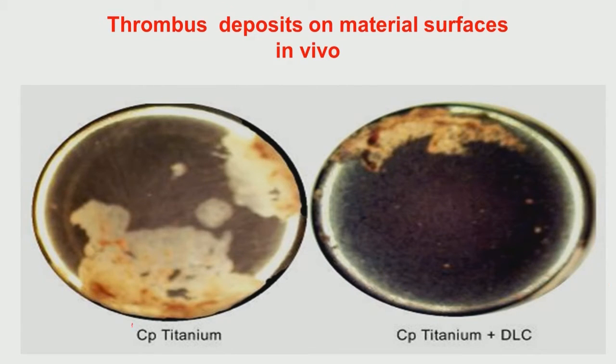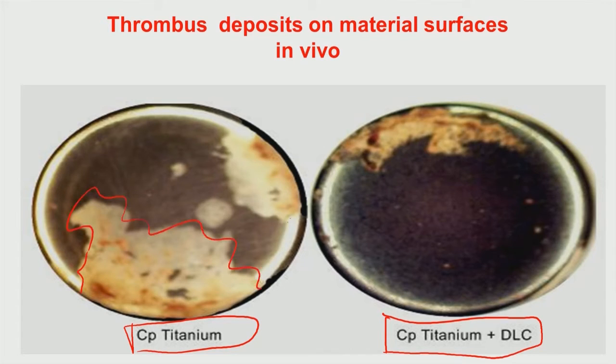There are two materials which are used or are of potential use in heart valve applications. One is commercially pure titanium, CP stands for commercially pure, and the other is diamond like carbon coating, DLC, on commercially pure titanium. After the standard hemocompatibility testing, in commercially pure titanium you can see large, significant thrombus formation.